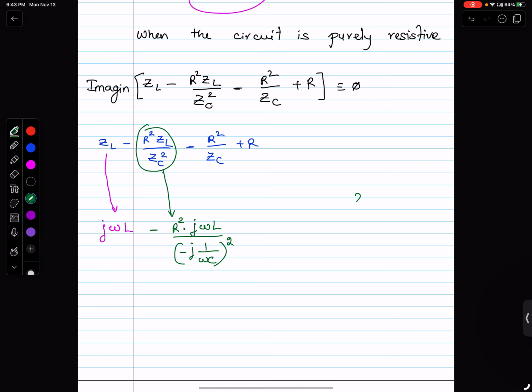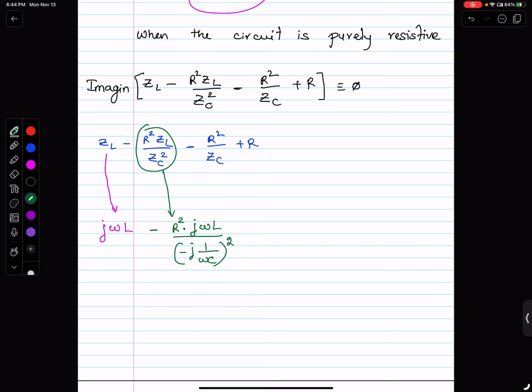Right? ZC is 1 over j omega C, which is the same as negative j by omega C, and the whole squared because there is ZC squared. So I'm simply writing out the impedances using the j term.